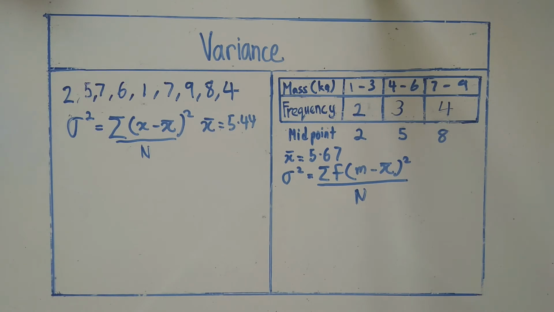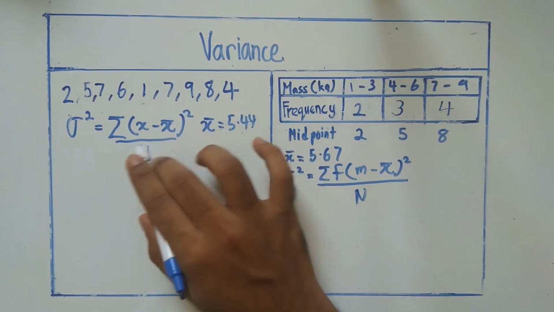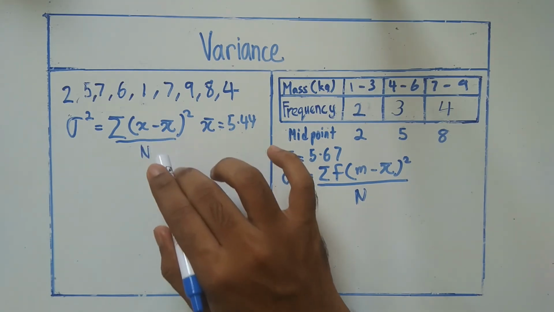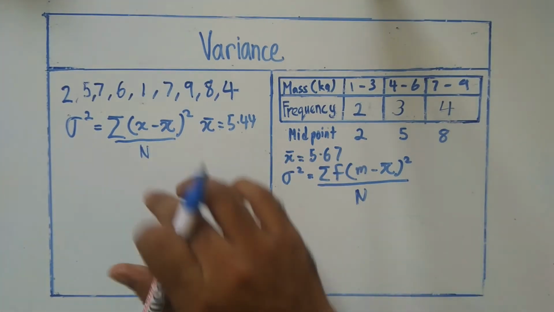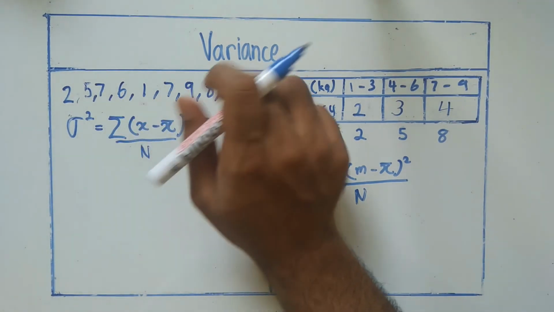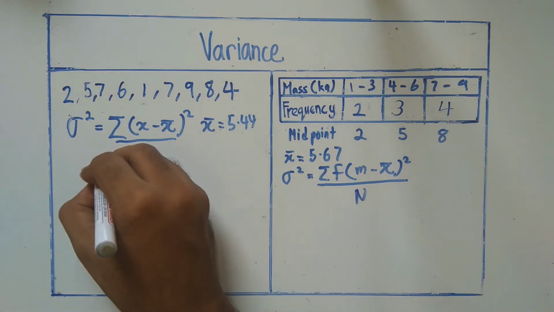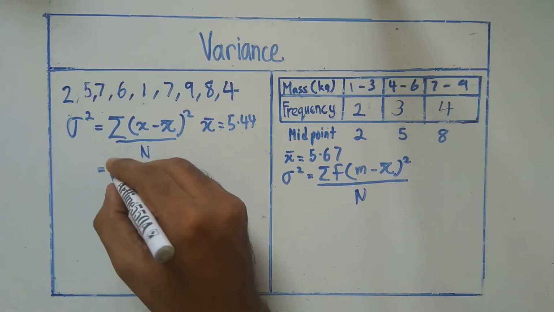The variance measures how far a set of numbers deviates from its mean. The variance can be calculated by using the formula sum of x minus x bar squared divided by n. We need to calculate each term and add them together. Let's take 2 for example.